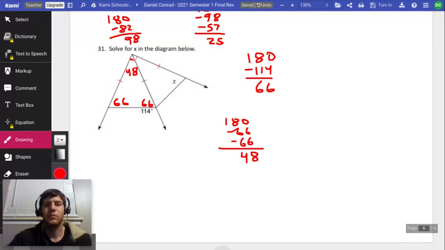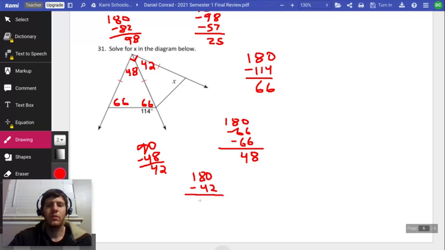Okay, this is a right angle, so that's 90 degrees. So we can do 90 minus 48, which is going to give us 42. So this over here is going to be 42. Okay, and then we can do 180 minus 42, which is going to be 138.